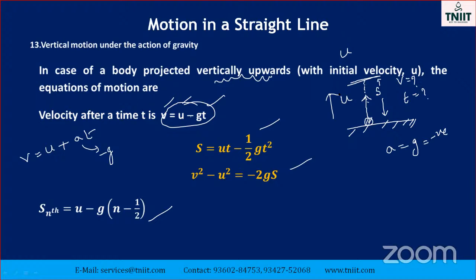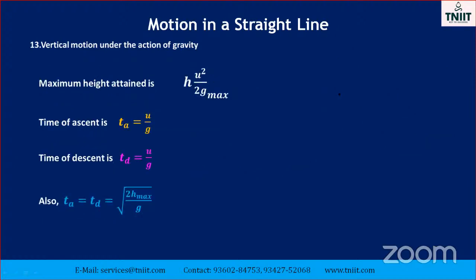Since the particle is moving vertically upward, v is equal to u minus gt. s is equal to ut minus half gt squared. v squared minus u squared equals minus 2gs, or v squared equals u squared minus 2gs. These are very simple equations. So remember these equations of motion when it is moving vertically upward with a certain velocity.